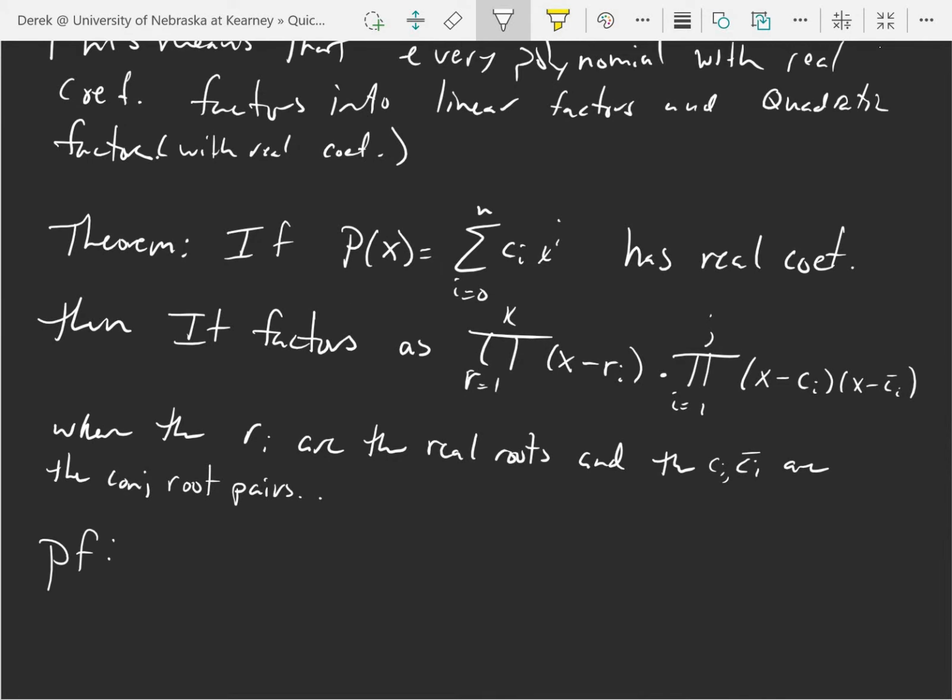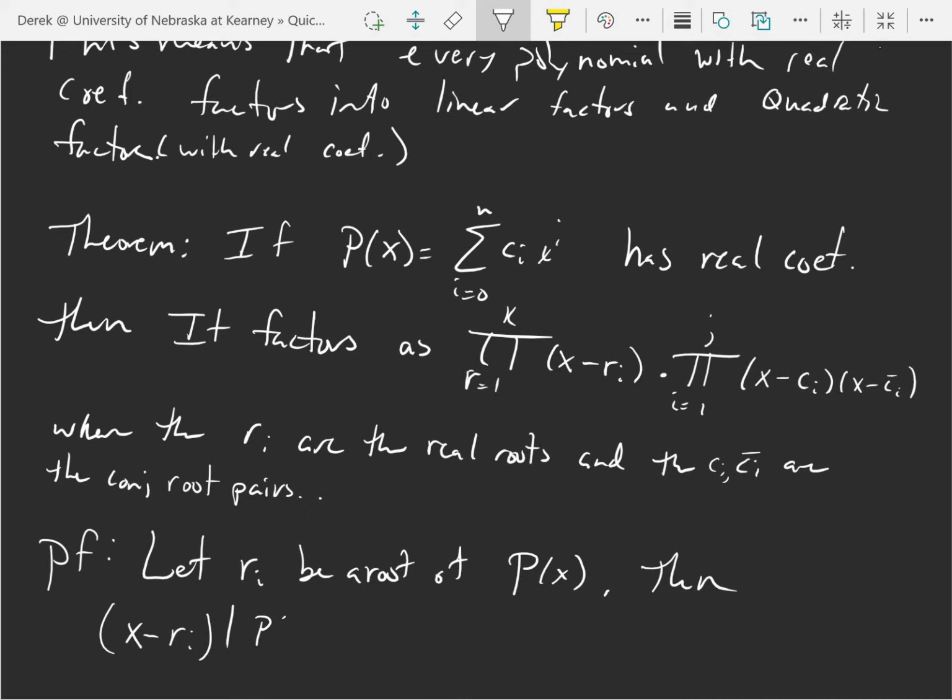Okay, so let's prove this. Let r_i be a root of p of x, then x minus r_i divides p of x, by the division algorithm.